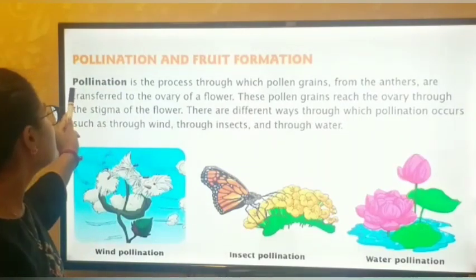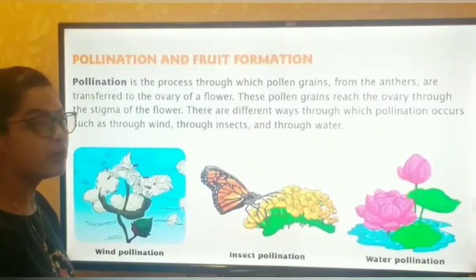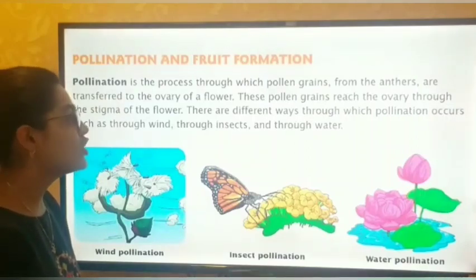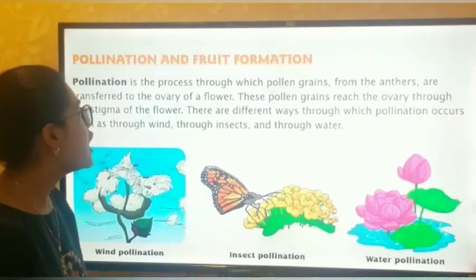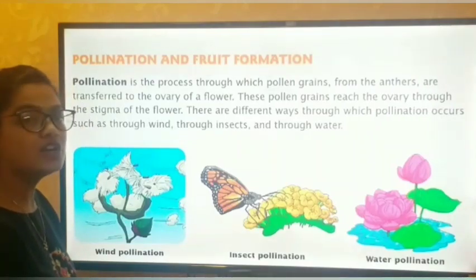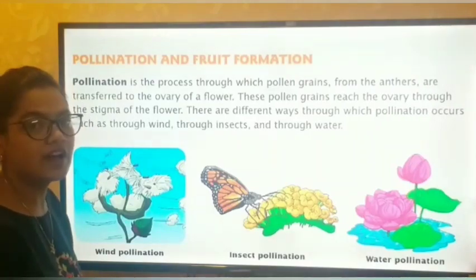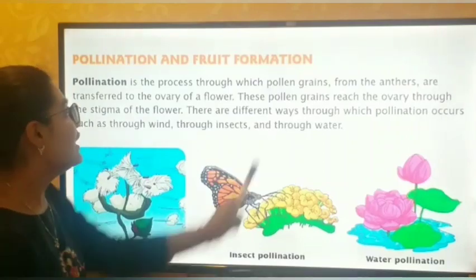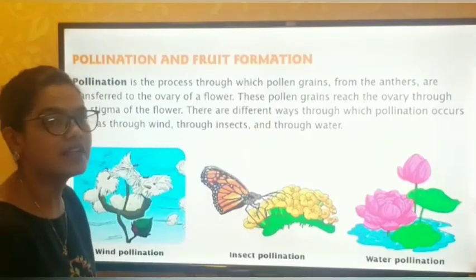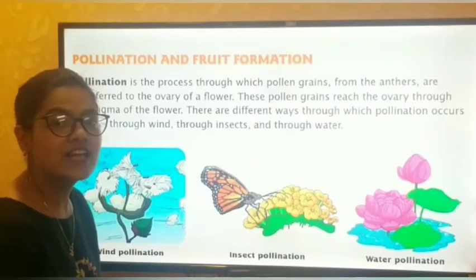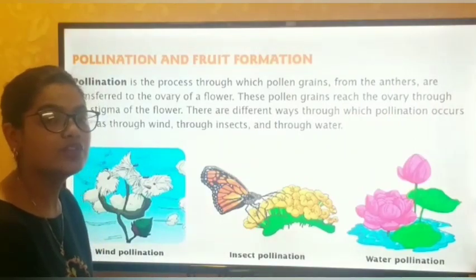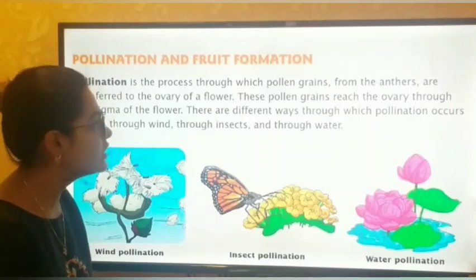What is pollination? Pollination is the process through which pollen grains from the anther are transferred to the ovary of a flower. Now let us recall what pollen grains are. We have seen the male reproductive part of a flower, which was the anther and pollen grains.